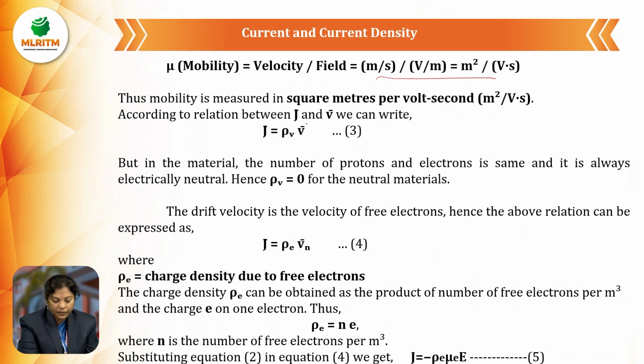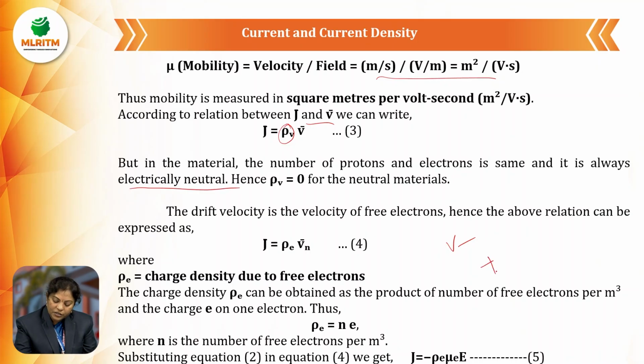As we know, J and V are related as J equals rho V into V, that is, current density is rho V into V. But in the material, the number of protons and electrons is the same, and it is always electrically neutral.